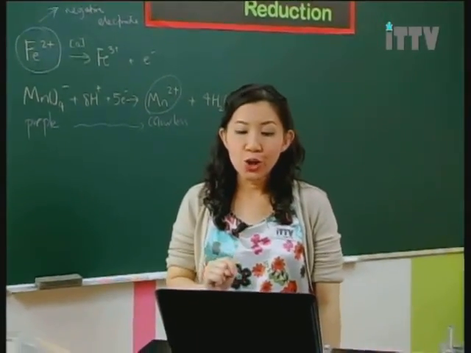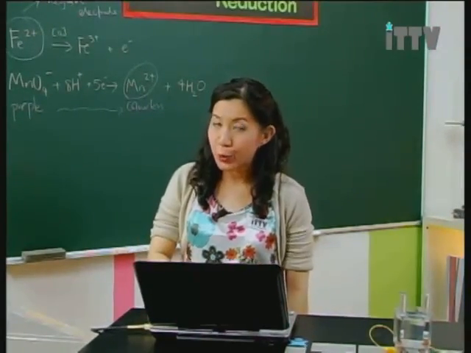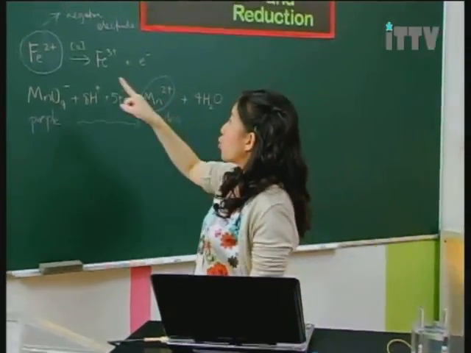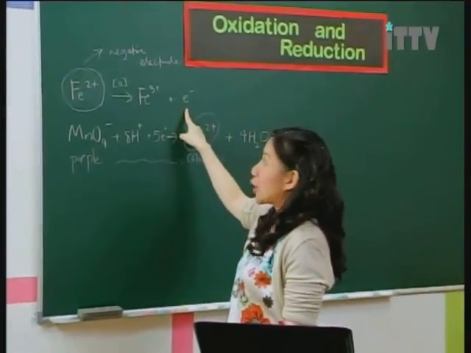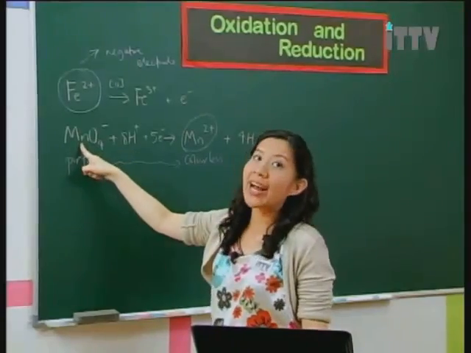Option 4, electrons flow from electrode X to Y. That is certainly true because iron 2 plus has released electrons which will be accepted by the permanganate ion.